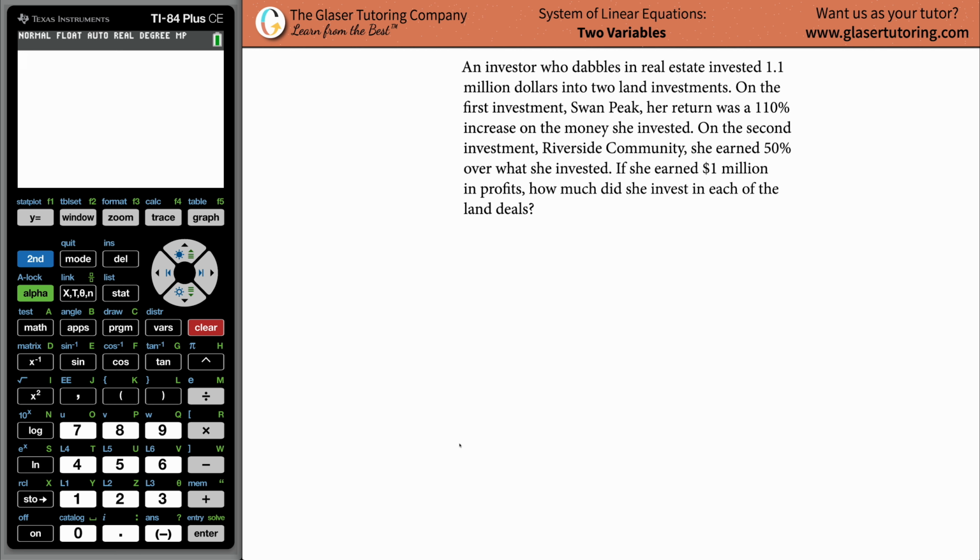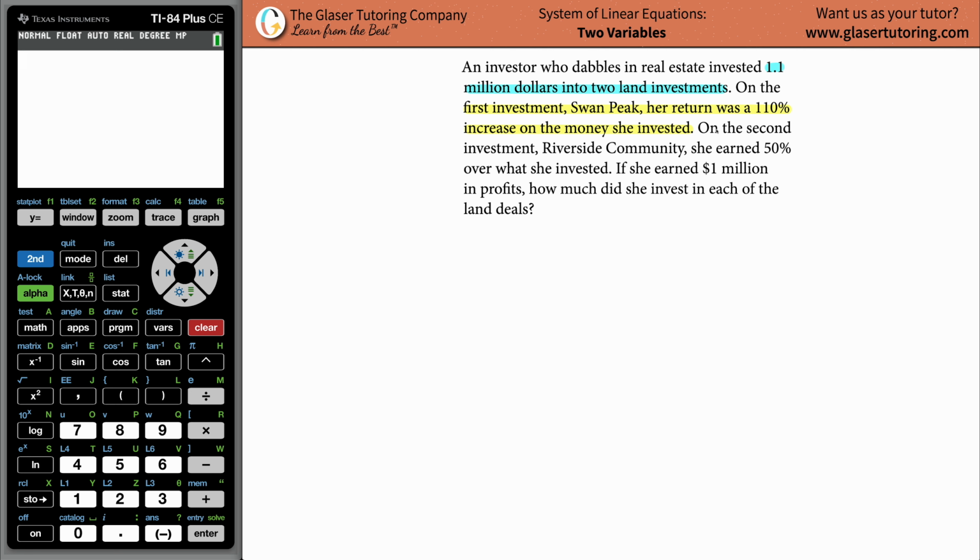Now, in this problem, it says, an investor who dabbles in real estate, only dabbles though, right? Invested $1.1 million into two land investments. Okay? On the first investment, which was Swan Peak, her return was a 110% increase on the money she invested.